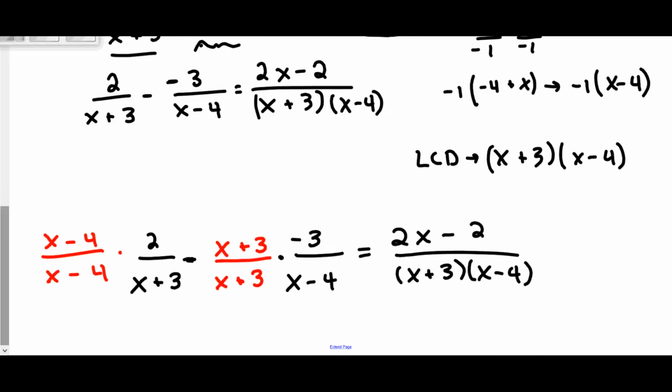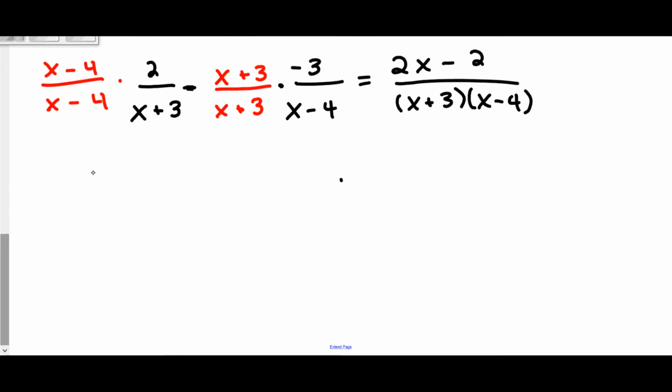So 2 over x plus 3 is missing my factor of x minus 4, so I multiply that by x minus 4 over x minus 4. Negative 3 over x minus 4 is missing my factor of x plus 3, so I multiply that by x plus 3 over x plus 3. And 2x minus 2 over x plus 3 times x minus 4 isn't missing any of my factors. It already has my least common denominator, so I don't need to multiply that by anything.